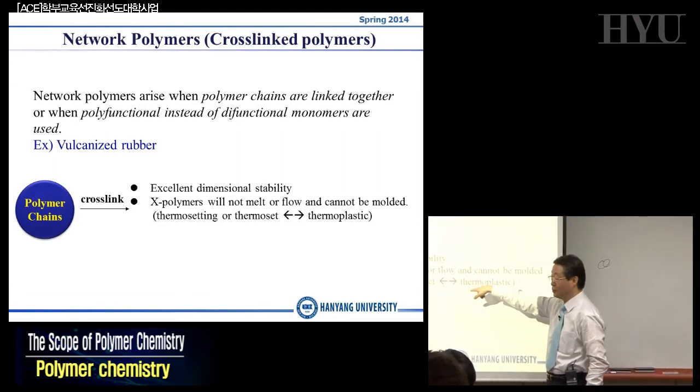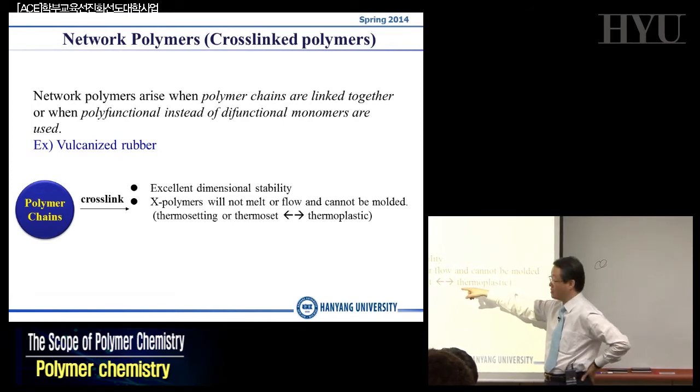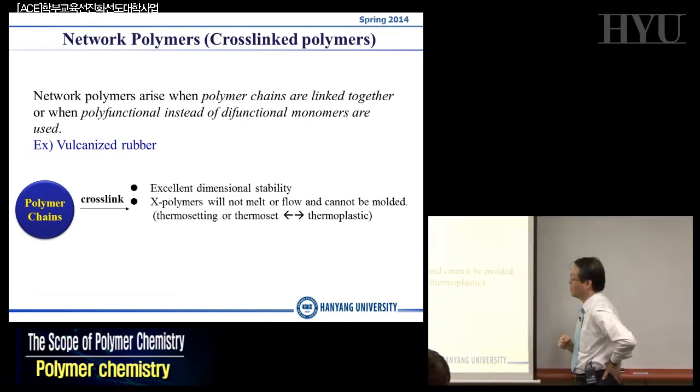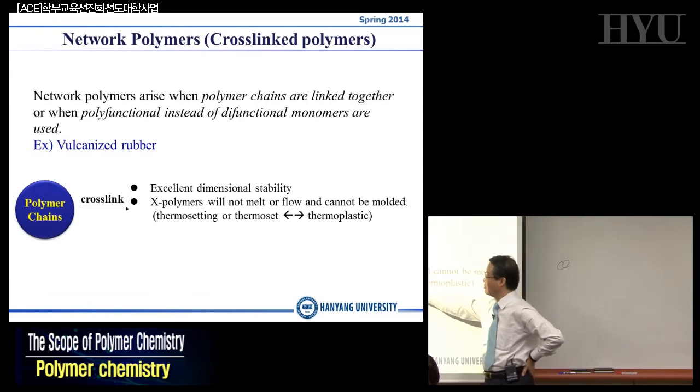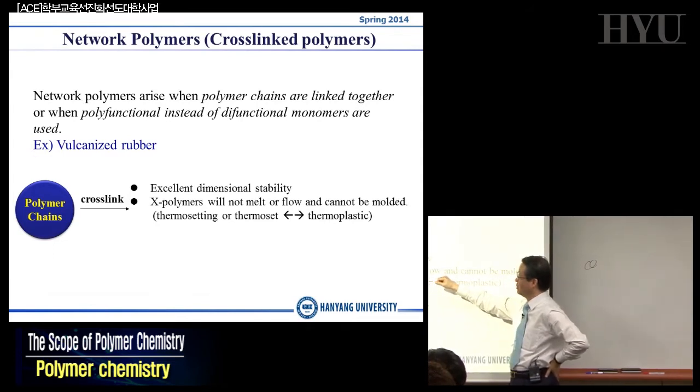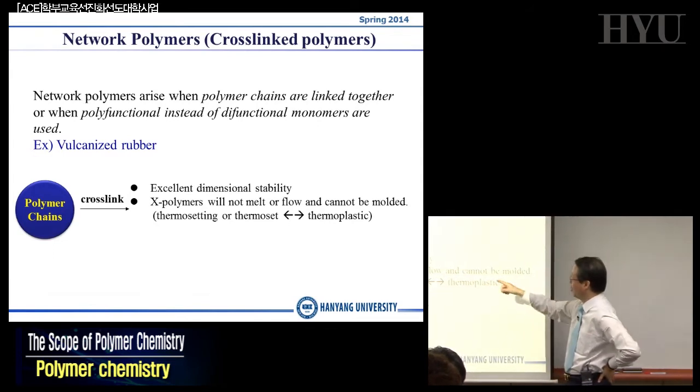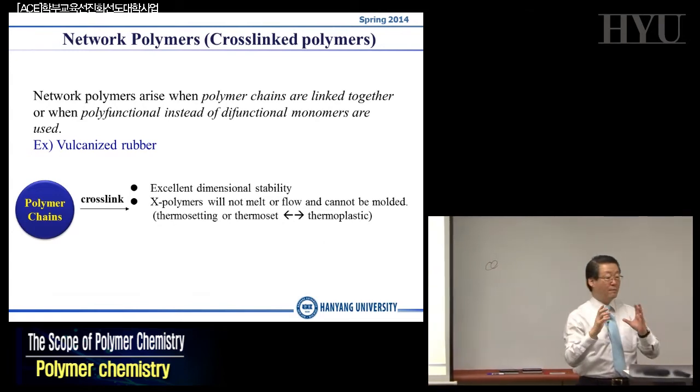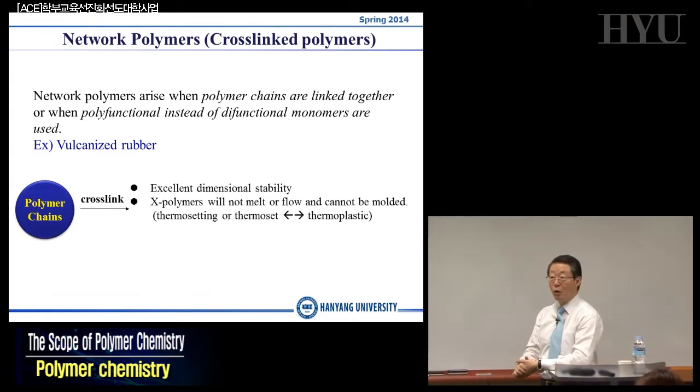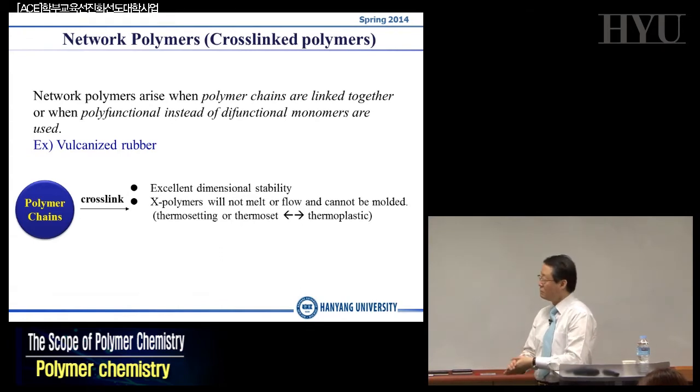I will introduce what these two things mean. But anyway, thermoset polymer will not melt or flow upon heating. So you cannot make a molded system in the case of a cross-linked structure. Whereas the thermoplastic will melt, so you can form the mold structure.